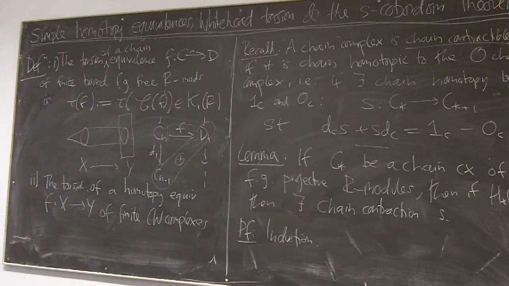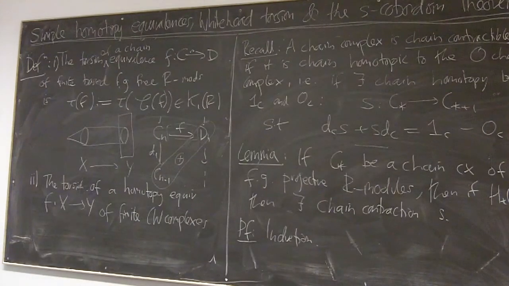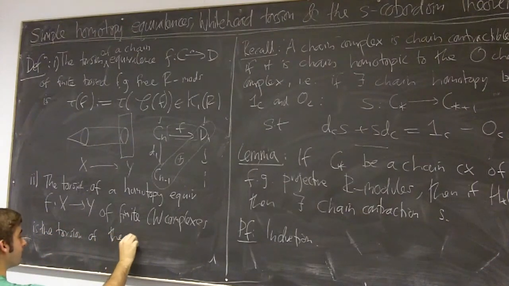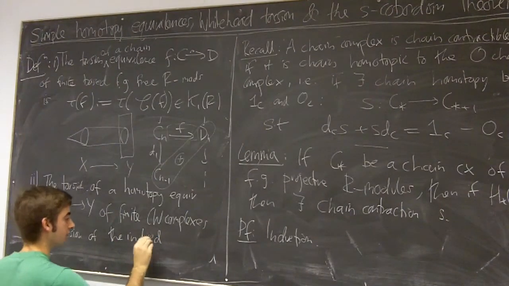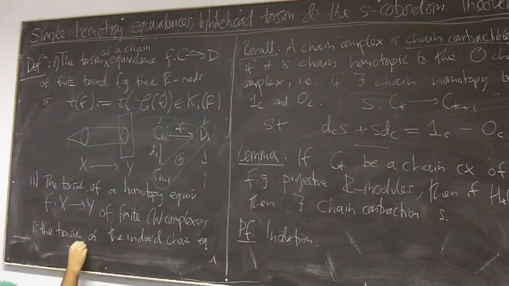Now if you have a homotopy equivalence of finite CW complexes, this induces a chain equivalence, and then we take the torsion as above of the chain equivalence. Yeah, that's how I want to write that.